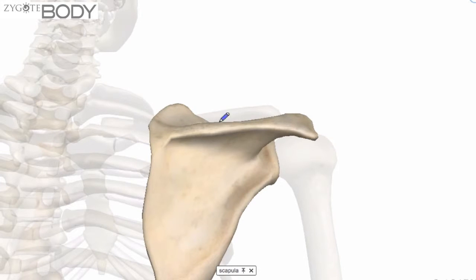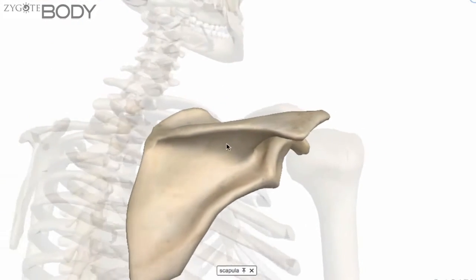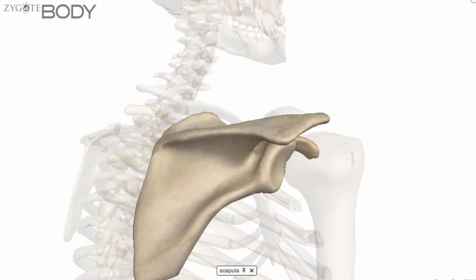Another thing that I would like to show you here is a notch that you find right here. This notch connects the supra- and the infraspinous fossae, so it connects the two fossae.